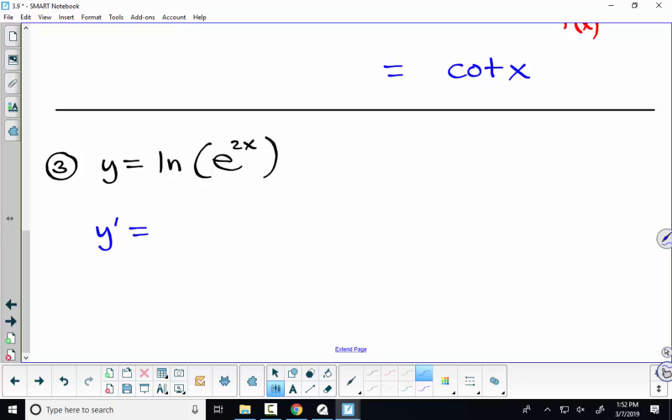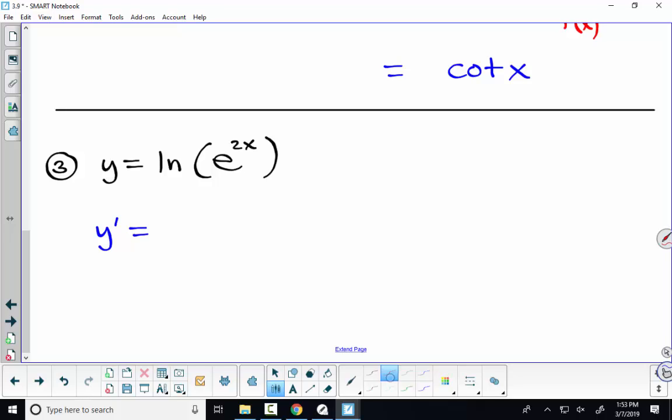What's y prime? 2. Yeah, it's 2. What's the natural log of e to the 2x? 2e to the 2x? Dope. 2x. Just 2x. They're inverses. Natural log of e to any power is just the power. That's like saying the square root of something squared.